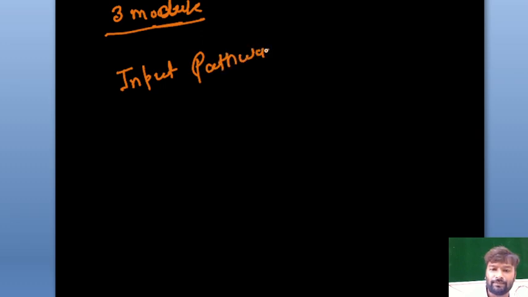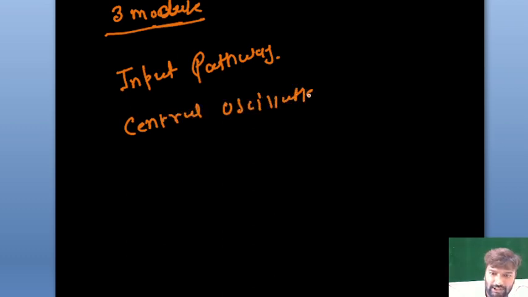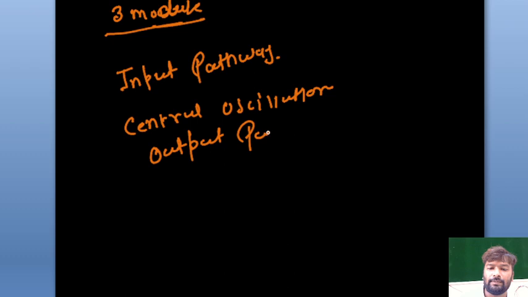What are these? The first one is the input pathway. The second one is the central oscillator, and the third one is the output pathway.